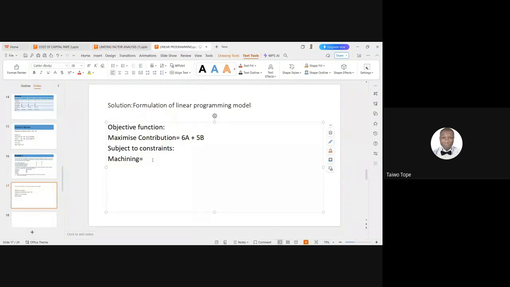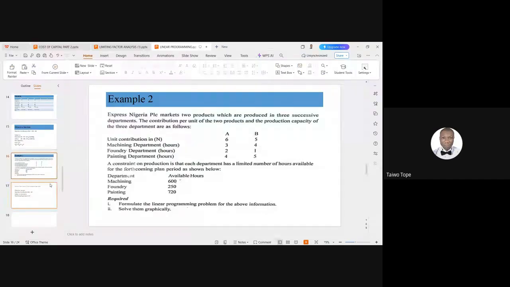Machining department. So to produce product A, you need 3 hours: 3A plus what? Plus 4B.